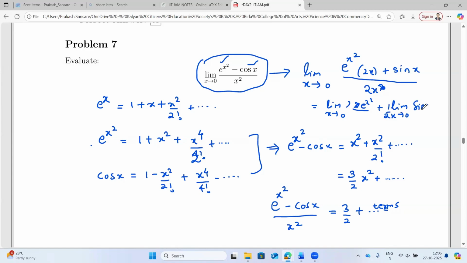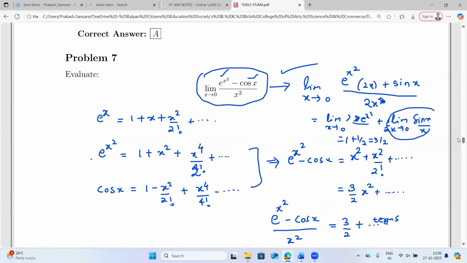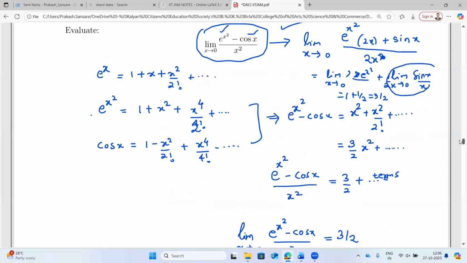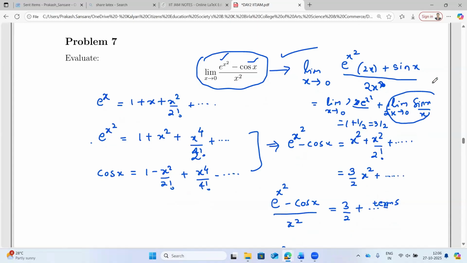Sin x upon x, you'll get this is 1. So this is half, and correct. Half plus 1, 1 plus half, which is equal to 3 by 2. Good. Yes, you're right. You can use the L'Hospital rule and get the answer. That's an alternate solution. This is also an easy solution.